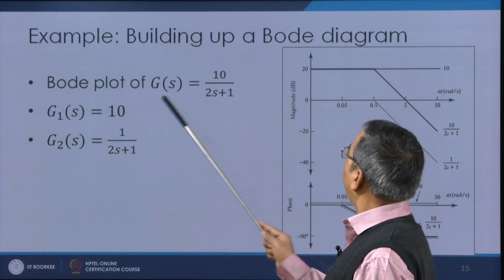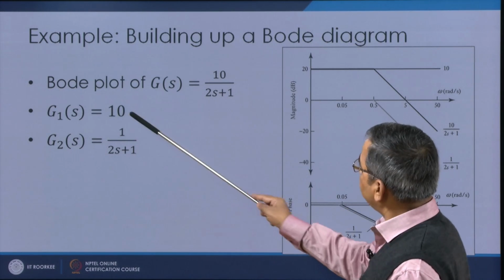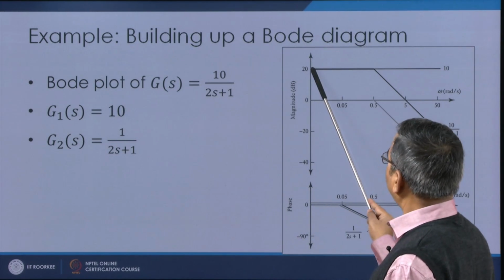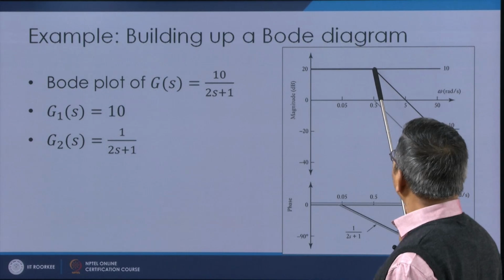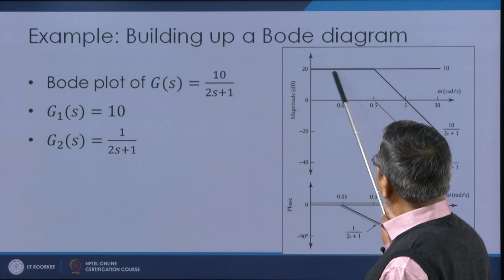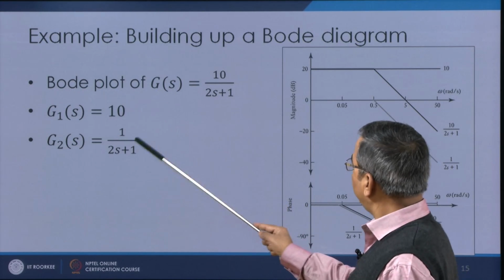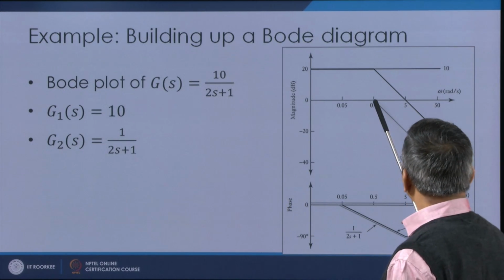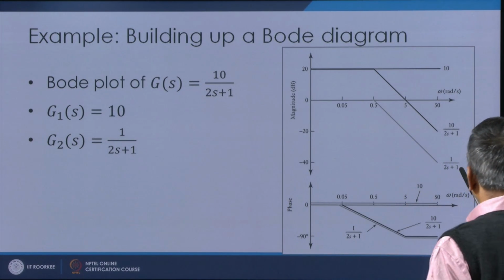For the first one you can see that this is a constant, so for the 10 this portion is going to be the Bode plot. Similarly for the second one, this is the Bode plot of 1 by 2s plus 1.